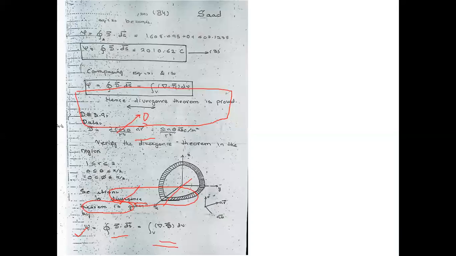Now the right hand side, that is the surfaces. For each portion, for r equal to 1, that is a separate surface.